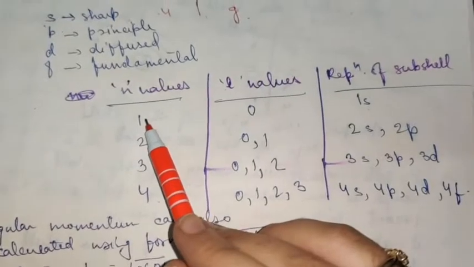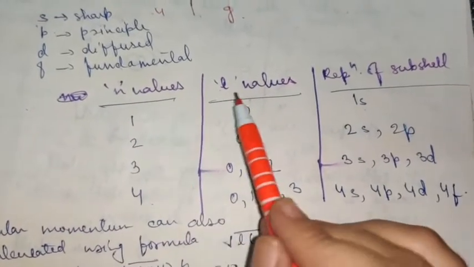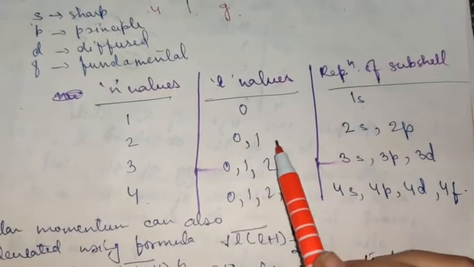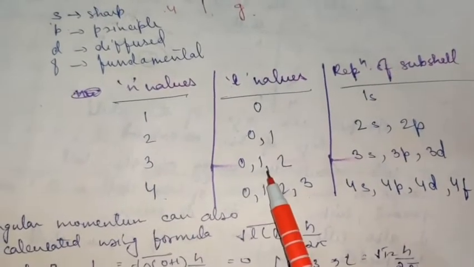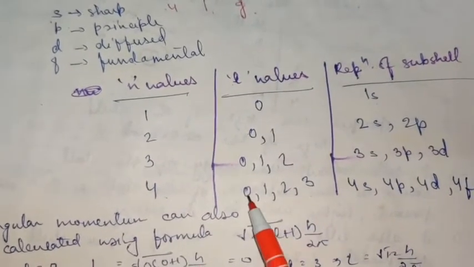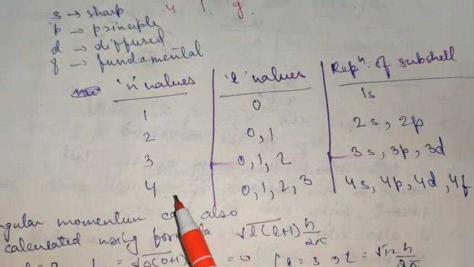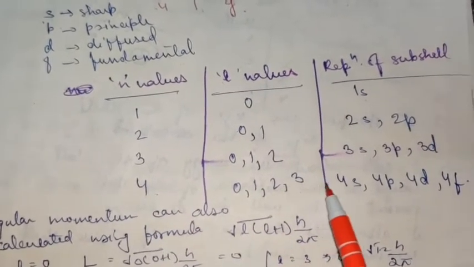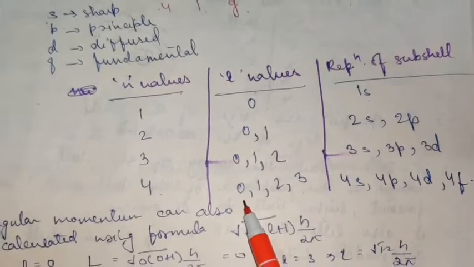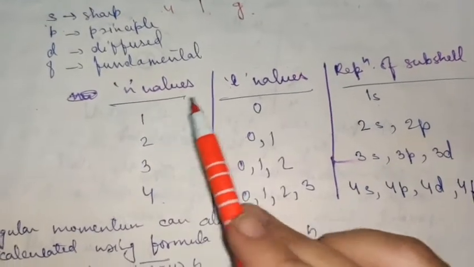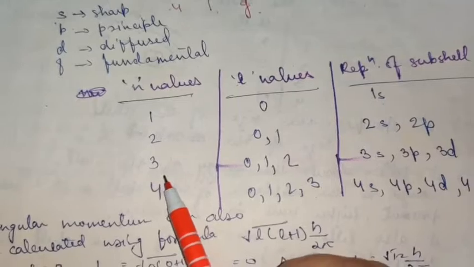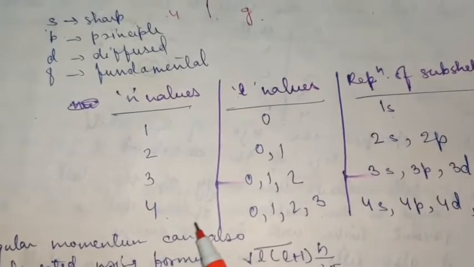So what will be the value of L when n is equal to 1? It will be 0. For 2 it will be 0, 1. For 3 it will be 0, 1, 2. For 4 it will be 0, 1, 2, 3. You can see here that these numbers equal the number of subshells. The first shell has only one subshell, the second shell has 2 subshells, the third shell has 3 subshells, and the fourth shell has 4 subshells.